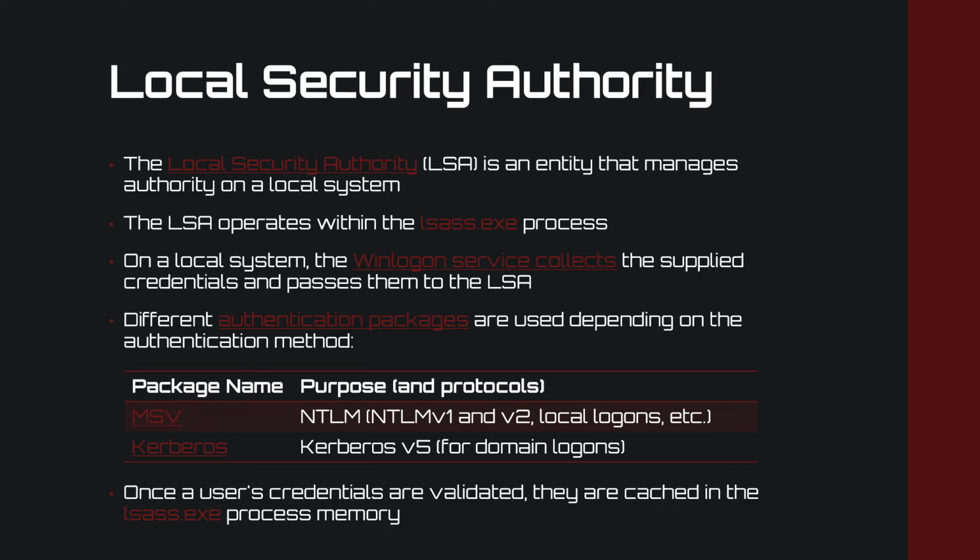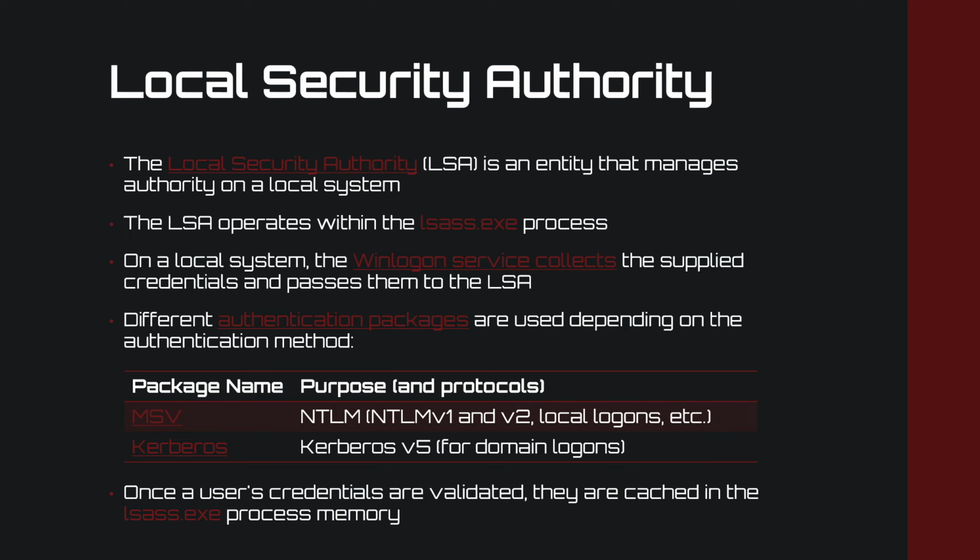Now, to perform this authentication, the LSA uses what is known as an authentication package, of which there are several in Windows. Two of the most commonly used ones you will come across are MSV, which authenticates local users, and Kerberos, which authenticates users across an Active Directory network. There are others like CredSSP and Cloud AP, but those are less frequently encountered.